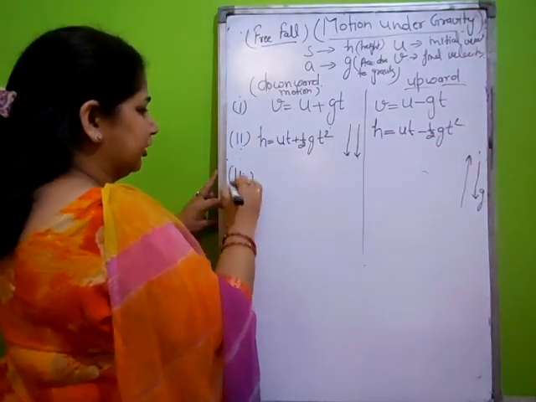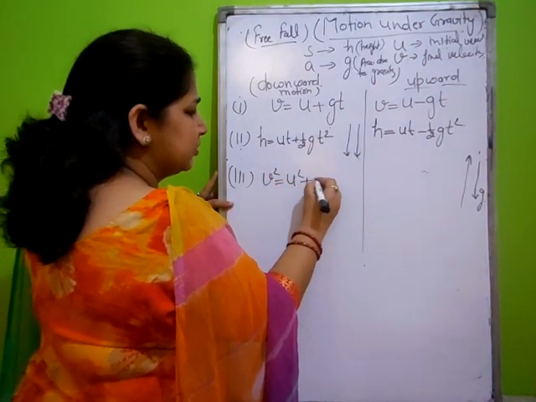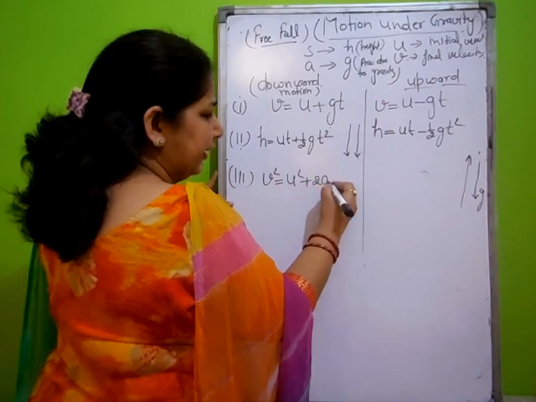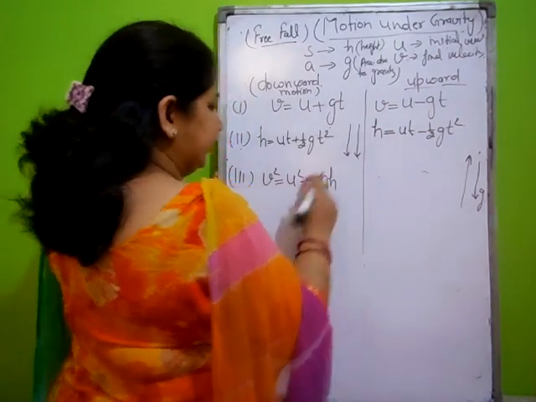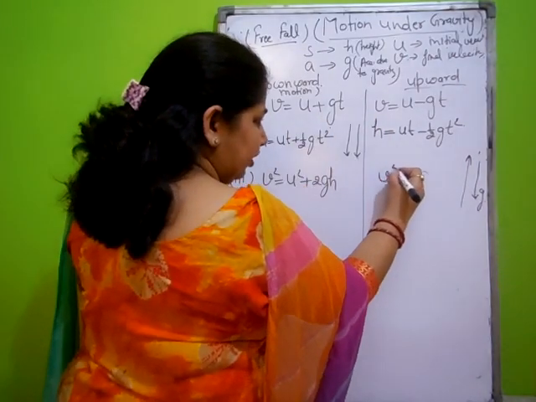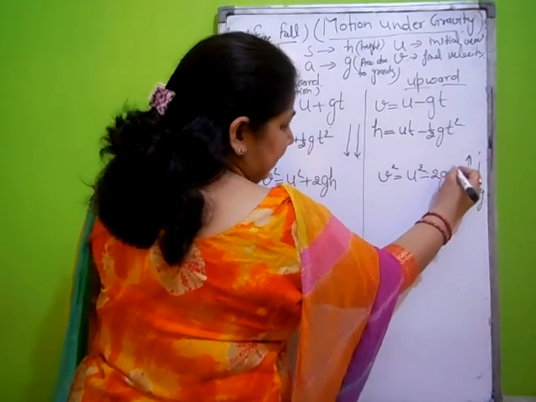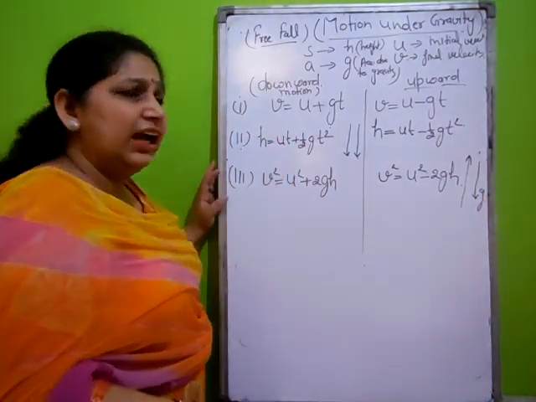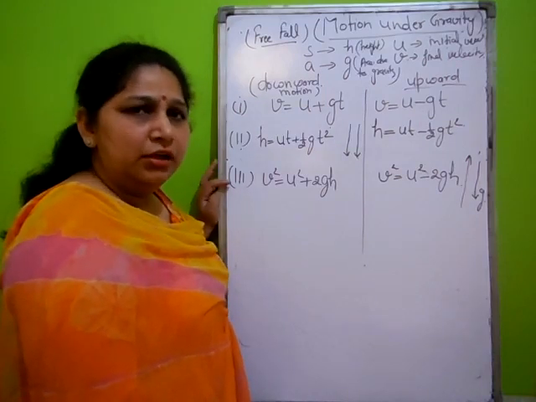The third equation of motion is V square is equal to U square plus 2AS. Here we write 2GH for downward motion. And if the motion is upward, V square is equal to U square minus 2GH. These are the equations of motion for free fall, or vertical motion.